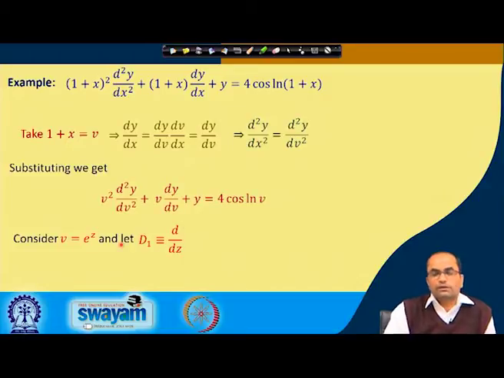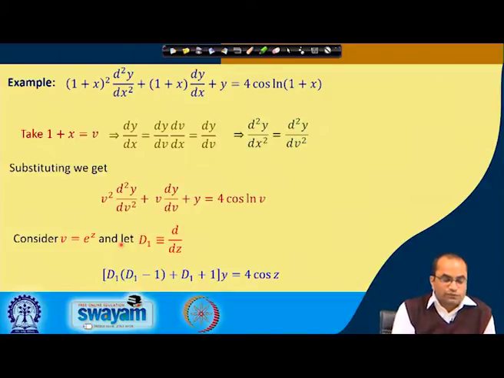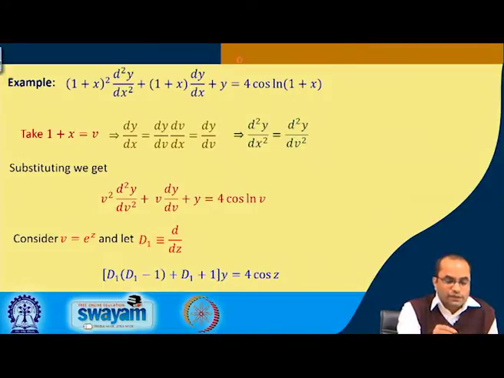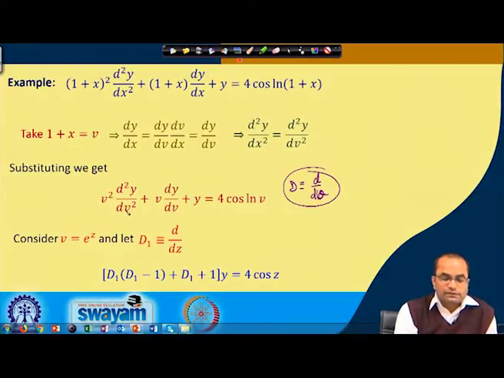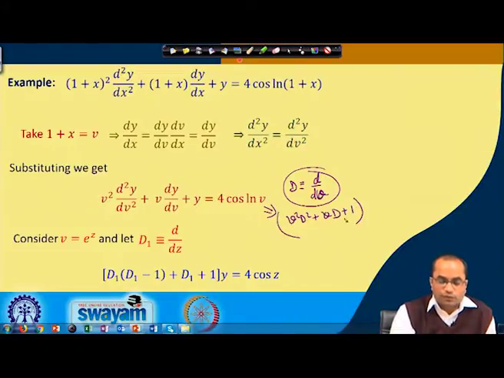With that change of variable, v squared d2y over dv squared can be written in terms of D. If we define the operator D as d over dv, because our differential operator is written in terms of v, then this equation will be (v squared D squared plus v D plus 1) operated on y. The right hand side is 4 cos ln v.